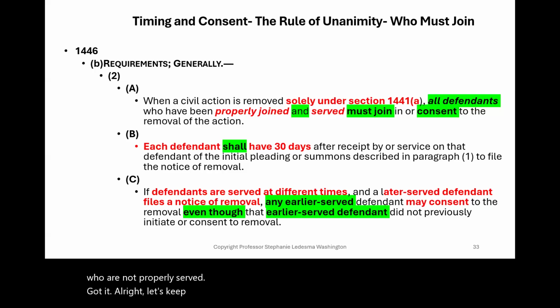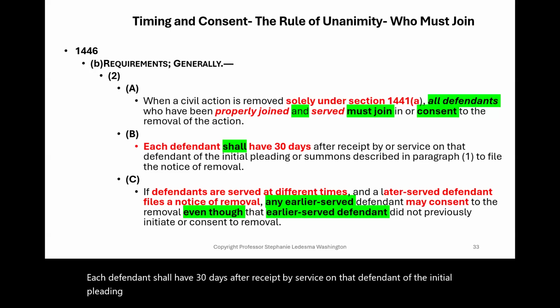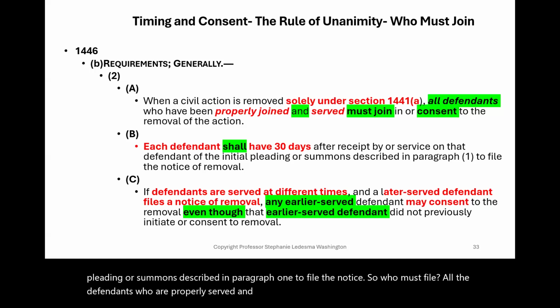Let's move to (B). Each defendant shall have 30 days after receipt by service on that defendant of the initial pleading or summons described in paragraph 1 to file the notice. So who must file? All the defendants who are properly served and joined. When must you file?